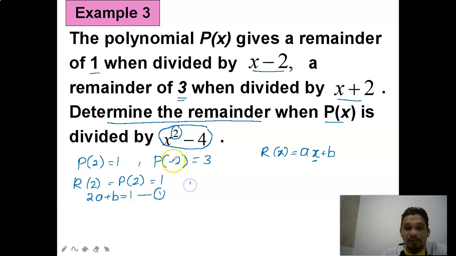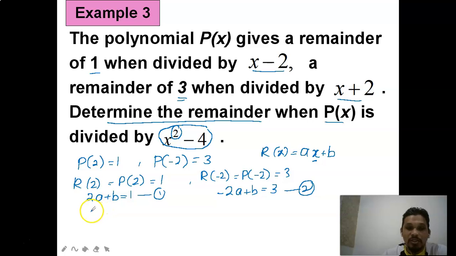Equation 1. Then also from the previous definition, the remainder when x equals negative 2 equals the polynomial when x equals negative 2, which equals 3. Substituting x with negative 2 gives negative 2a plus b equals 3. Equation 2. From equation 1 and equation 2, we're going to solve by using simultaneous equations, whether the substitution method or the elimination method.